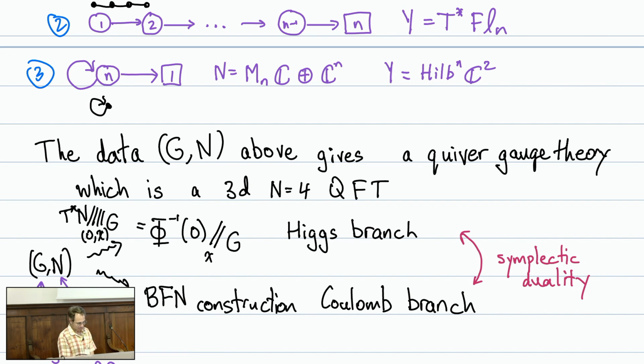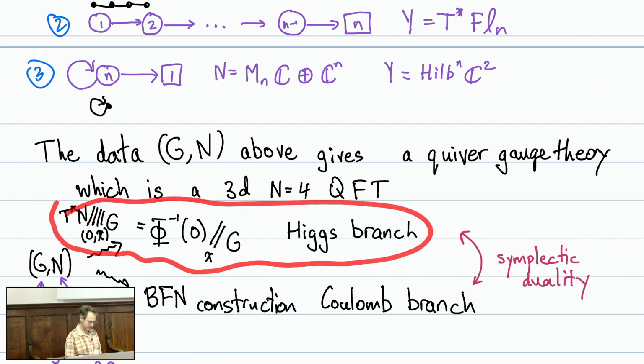Okay. And so that thing is called the Higgs branch. So this Nakajima quiver variety is an example of a Higgs branch. Those hypertoric varieties that I mentioned are Higgs branches, and so on. So something defined by this Hamiltonian reduction procedure is called the Higgs branch.